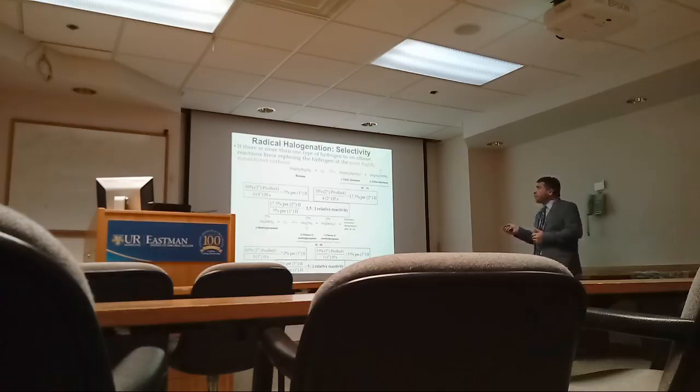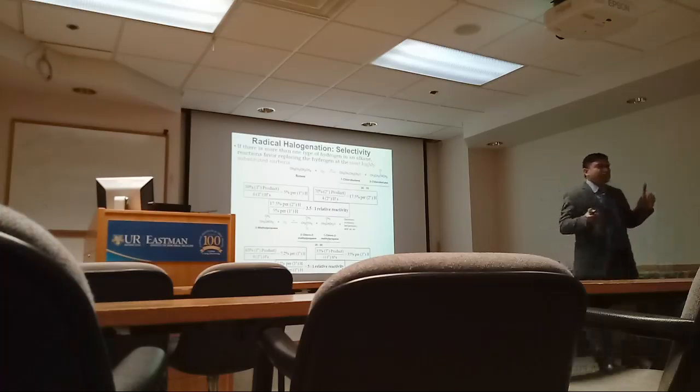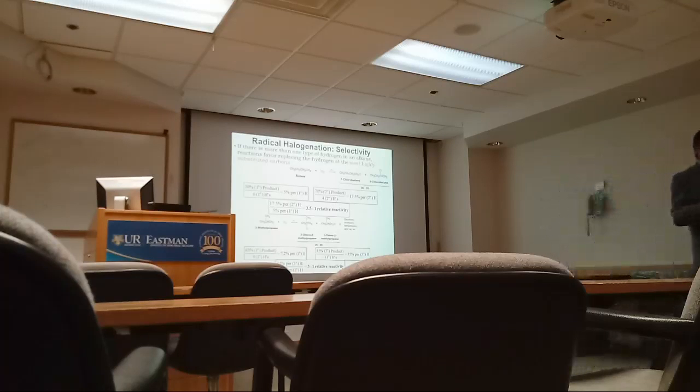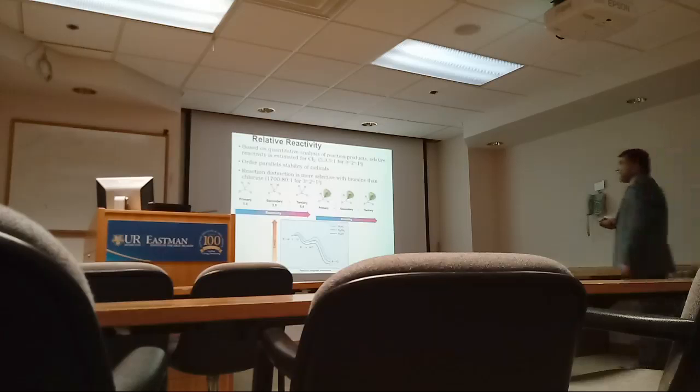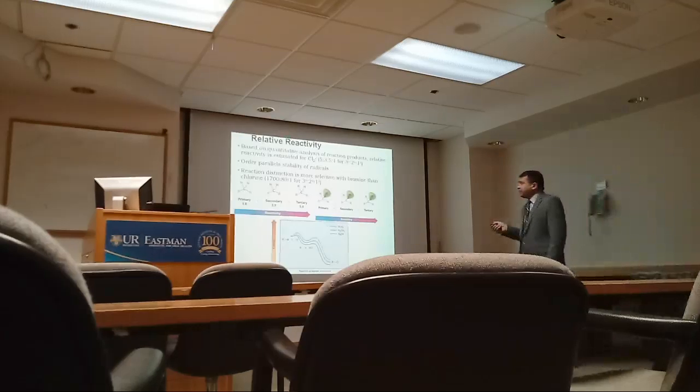This happens more often, and they have in your book how you calculate this. Everything is mentioned. I won't go through this, but just to let you know that the carbon with more bonds is much more desirable for halogen than the carbon with fewer bonds, to make it simple. And then relative reactivity.